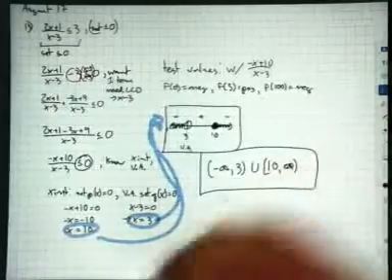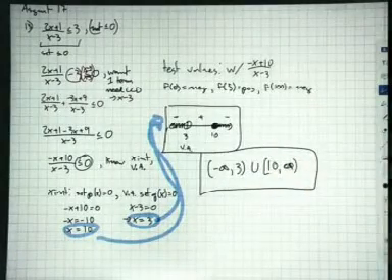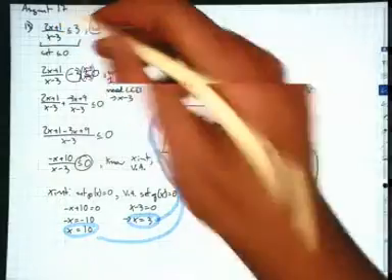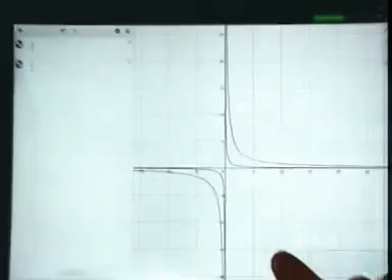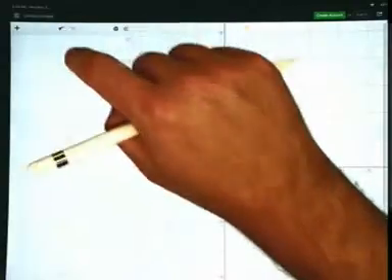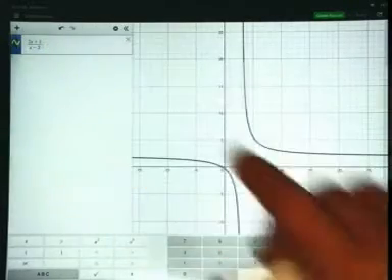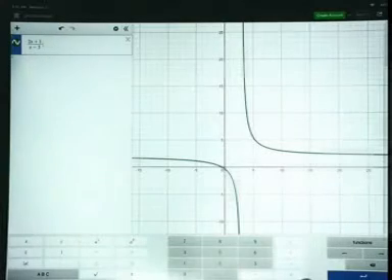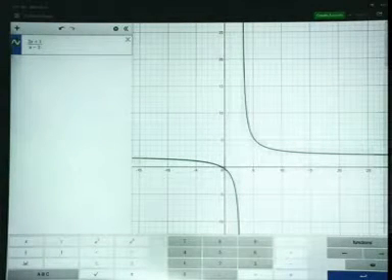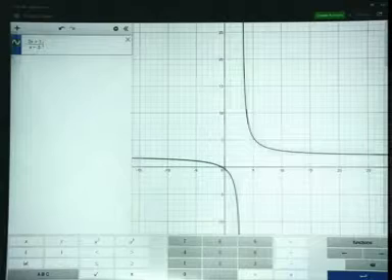Now you can verify this by looking at the graph. In fact, let's look at the graph of the original function. So I'm going to go back to Desmos. The original function was 2x plus 1 over x minus 3, and we want to know when it was less than 3.